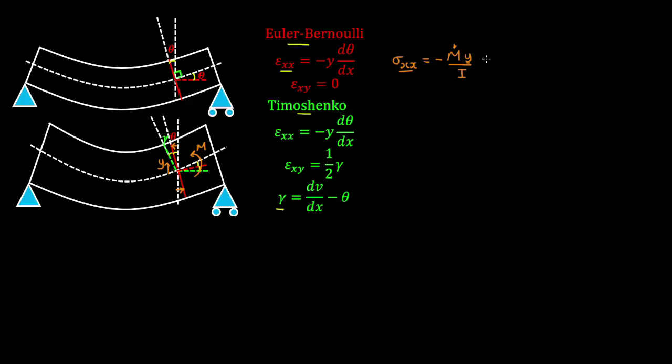And the bending stress is equal to the Young's modulus by the bending strain. So if we substitute for the bending strain, we obtain the following expression. And we can cancel out the y's and the negatives and write the bending moment in terms of the curvature due to bending.